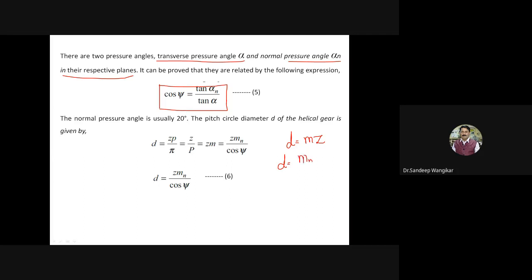I will say mn z will be as it is divided by cos of psi. So the diameter is equal to z mn divided by cos of psi. While solving numericals for spur gear, we substitute D is equal to zm or mz. Here you have to be careful. You have to put the formula for helical gear as D is equal to z mn divided by cos psi. Otherwise, the further calculations may go wrong in this case. I will give you 1 minute for writing this.